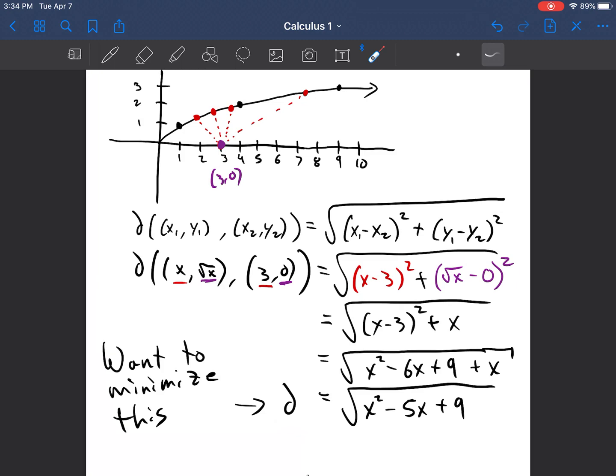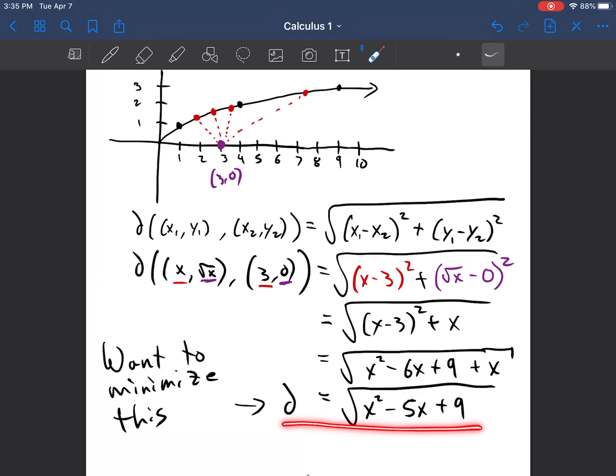And this distance is telling me the distance away from these points to this point, right? So this distance is giving me these little values, right? So how long these little lines are. So I want to minimize this, right? I want to see which point is going to give me the smallest little line, right? And whatever that point is, so whatever that x value is, that's going to tell me where on my curve I have the smallest distance away from this point 3, 0.